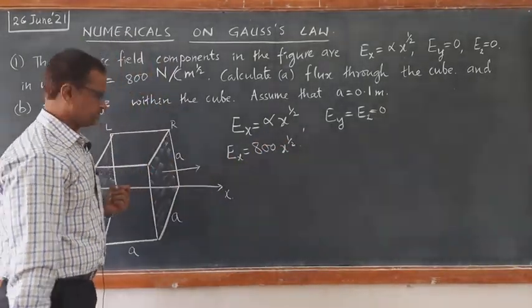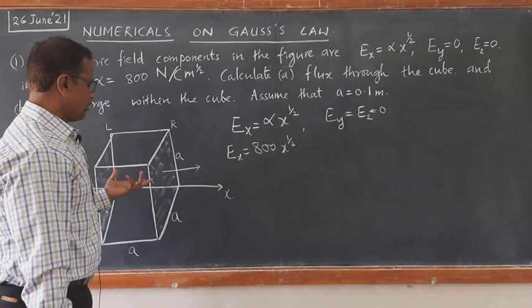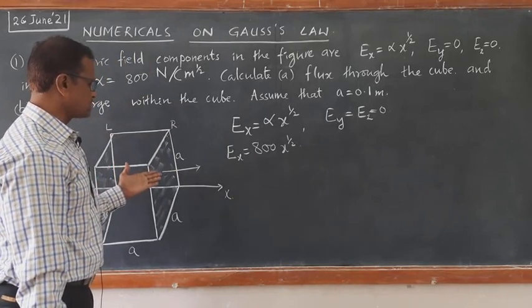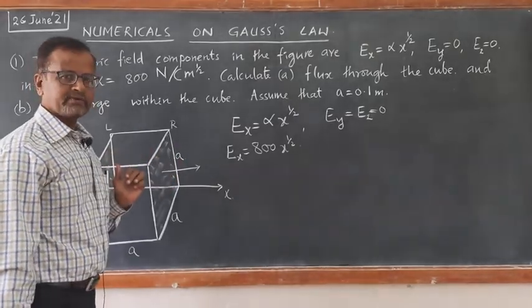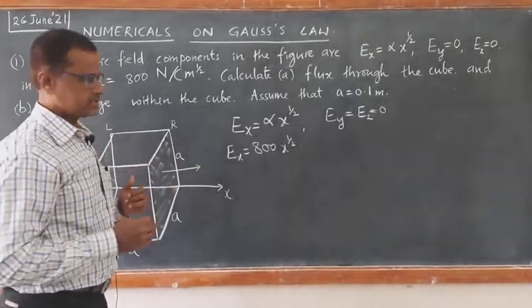It is given by this relation. Now we can calculate the flux with the left side face and the flux with the right side face, and we can calculate the total flux.